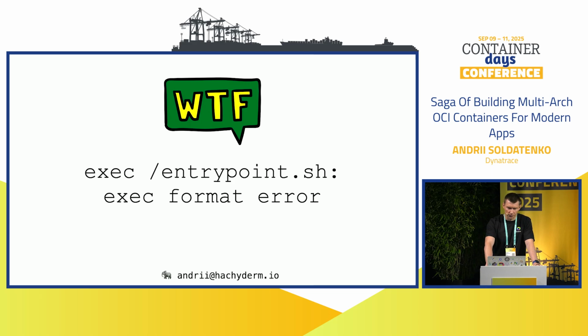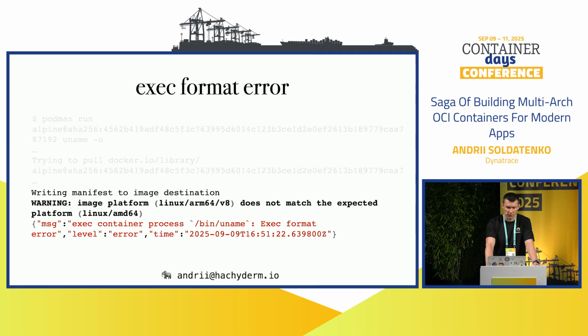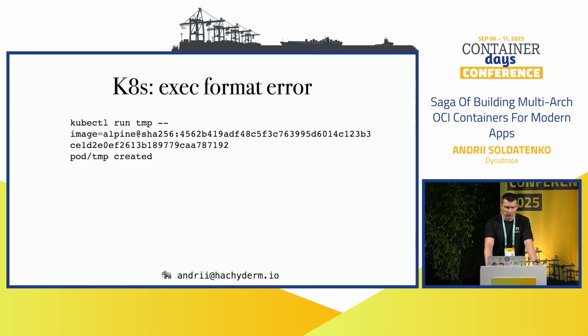Quick demo. When we run something like Alpine using Podman, most probably we will see this error, because Podman is smart enough locally to tell us we are running the wrong platform. If you're curious why I run images so strangely with SHA, it's because I would like to reproduce it.